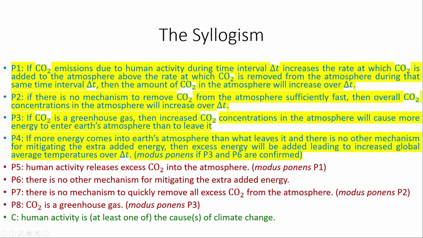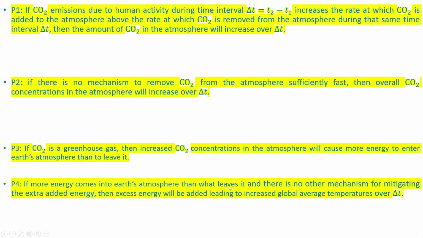So, like I said, these are the hypothetical ones right here, so let's justify these a little bit. For the first one, we're saying that if the CO2 emissions due to human activity over this time interval increase the rate at which the CO2 is added to the atmosphere above the rate at which it's removed during that same time, then the amount of CO2 in the atmosphere will increase over this time interval.